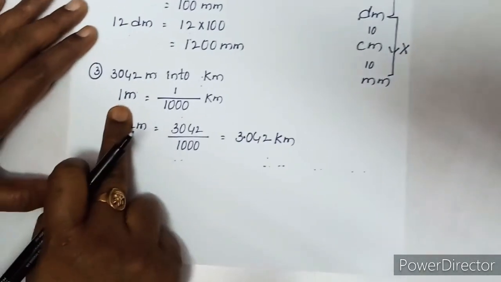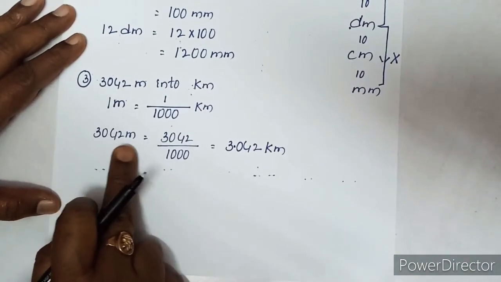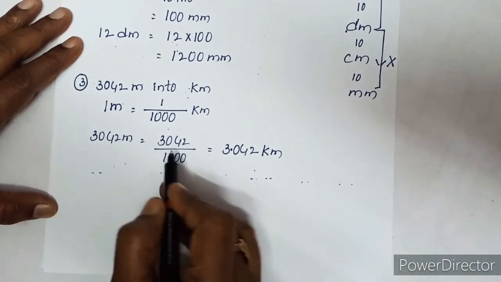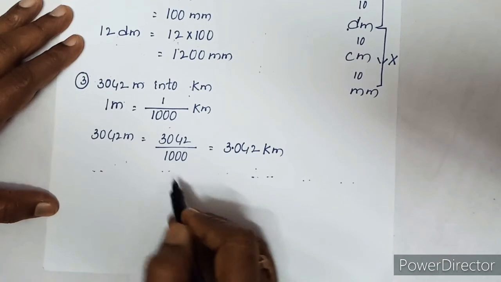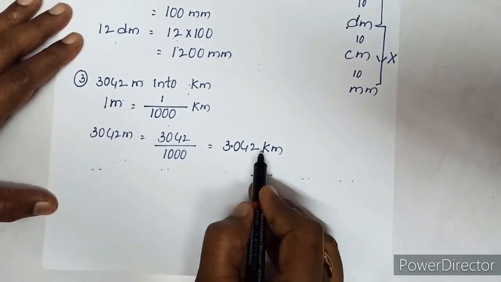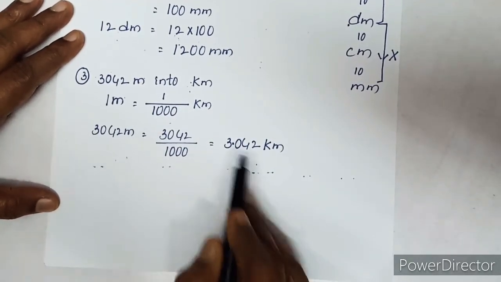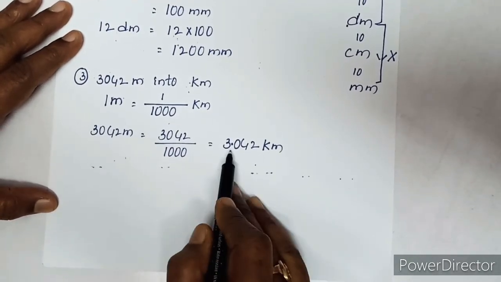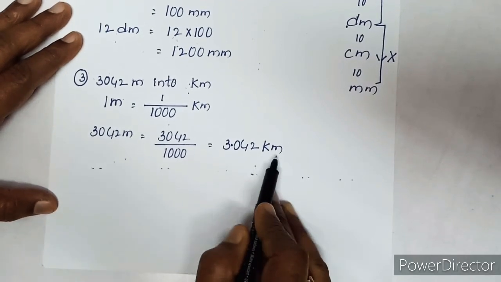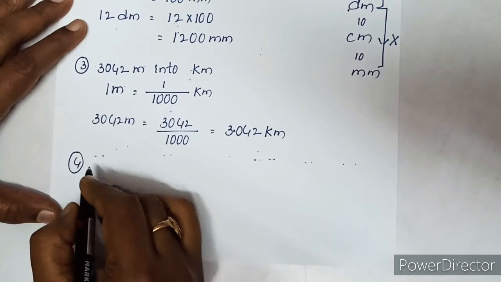So 1 meter is equal to 1 by 1000 kilometers, and 3042 meters is equal to 3042 by 1000. So as denominator we can see 3 zeros. So move from right to left, 3 digits, and place a point. That is 3.042 kilometers.